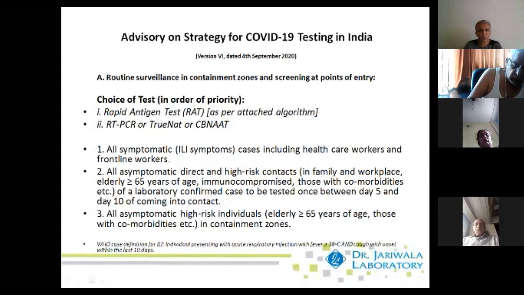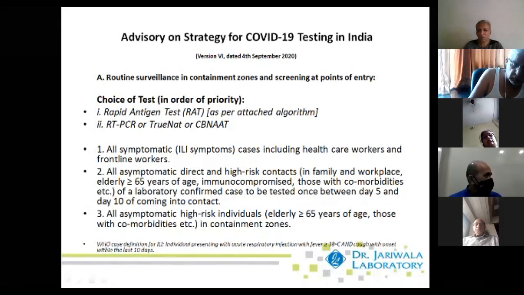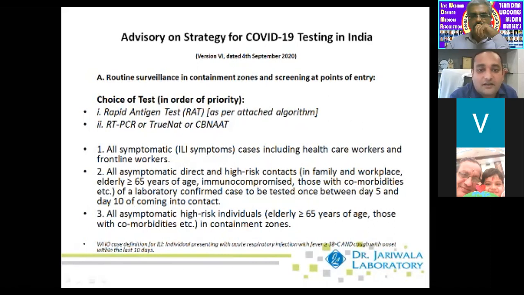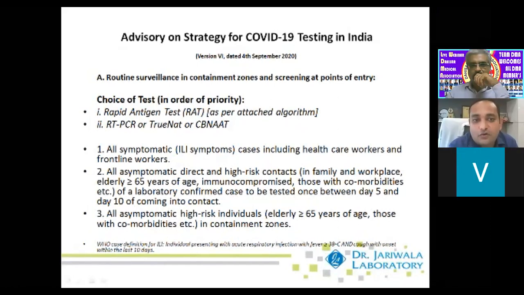This includes elderly more than 65 years of age and patients with comorbidities like hypertension, diabetes, cardiac disease, etc. ILI is a respiratory tract infection with fever more than 38 degrees with cough of an onset within the last 10 days. So that is the categorization of ILI. If this patient gets hospitalized, then you call it SARI, severe acute respiratory infection. Okay. So this is for containment zones.